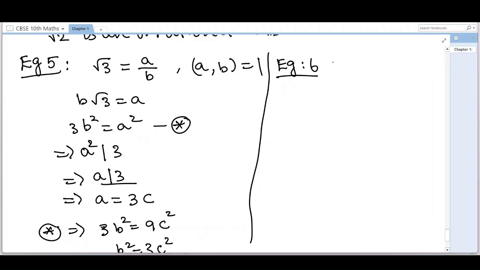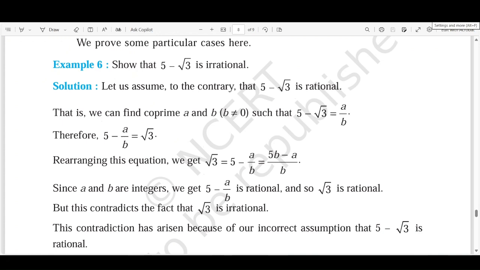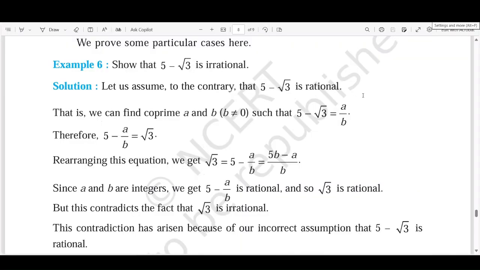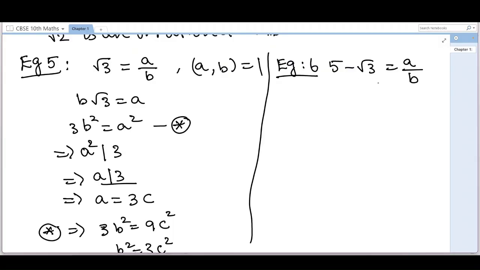So let us assume 5 minus root 3 is rational. So we can write that as a by b, where a and b are co-prime. And now we have to simplify this.